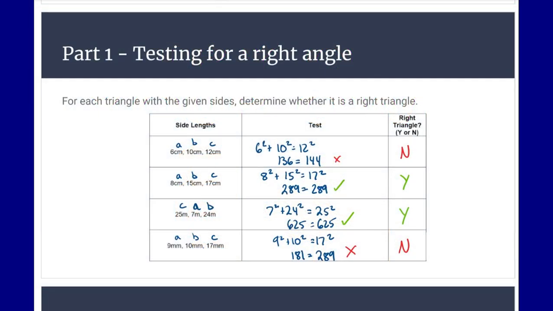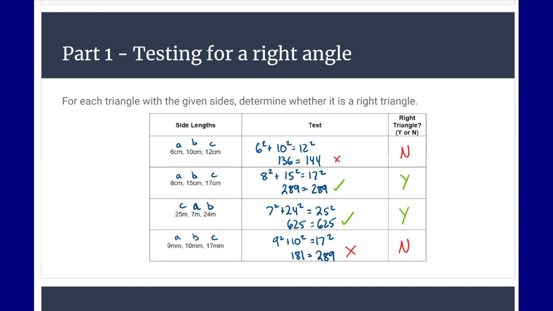So coming back, we should see that the first one and the last one are not right angled triangles, and the middle two are. One thing to note, there was kind of a tricky part. Looking at the third one, make sure you label the sides correctly. All the other ones were A, B, and then C, but the idea was that the last value was always the longest one.